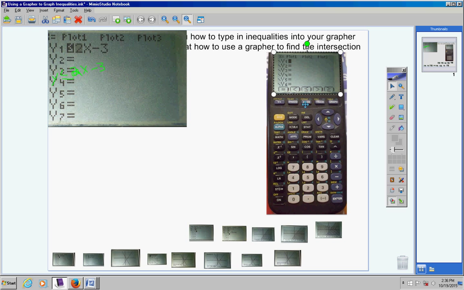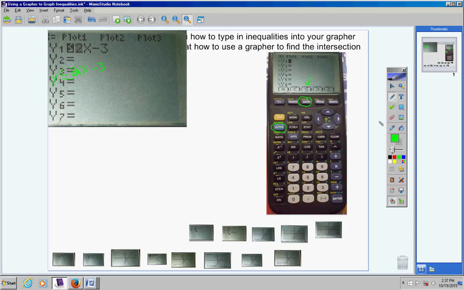This is above zoom. This is above trace. And this is above graph. Well, if you want this one right here, which you do, make sure your cursor's on the equal sign. Then you hit alpha and then zoom. Alpha means go way up here, and zoom, of course, is the button you want because this inequality is right above it. So alpha, zoom, and then you should have your inequality right there.